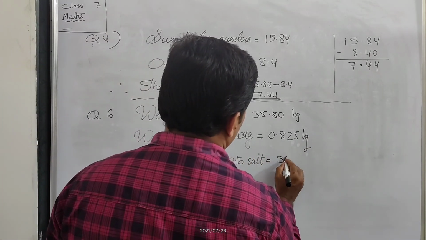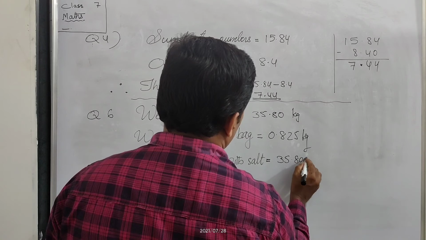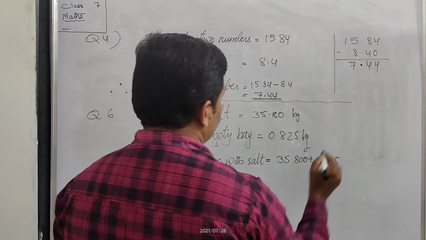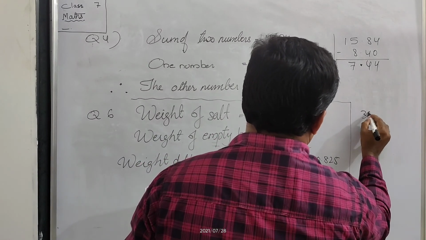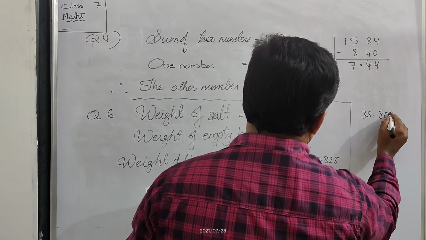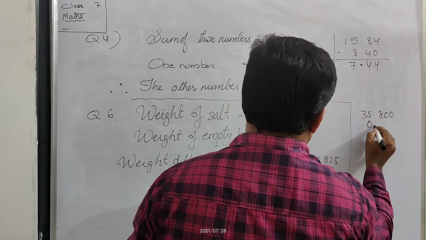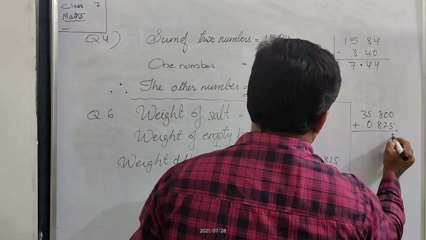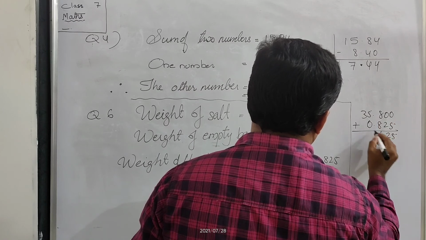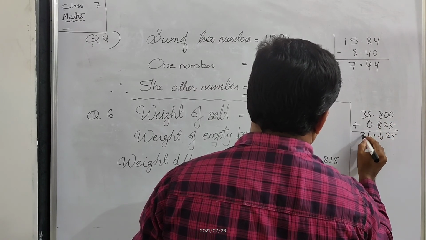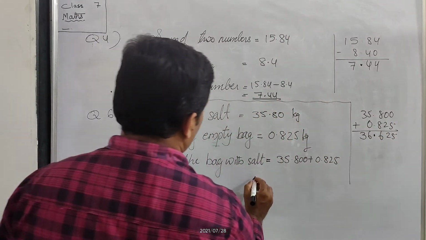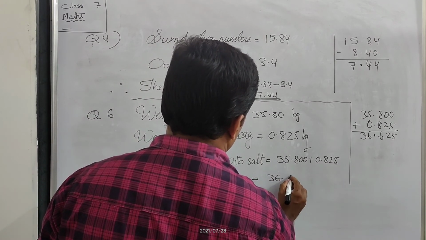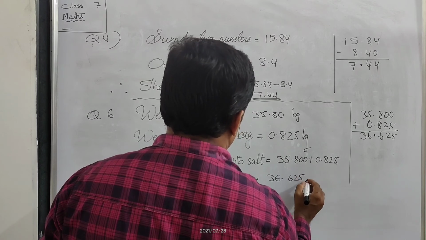For that we have to find out 35.800 plus 0.825. Both we add. 35.800 and 0.825. Both add. Then 5, 2, 8 plus 8, 16, and 6 and 3. Means the total weight of the bag with the salt is 36.625 kilogram.